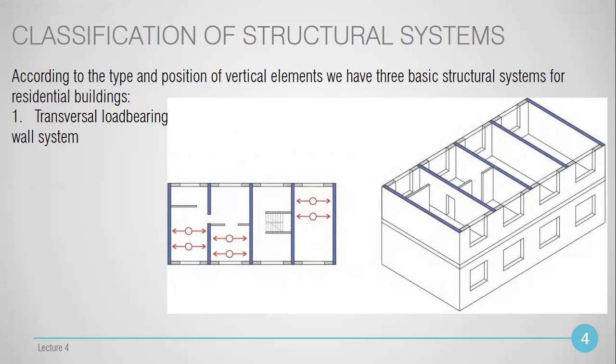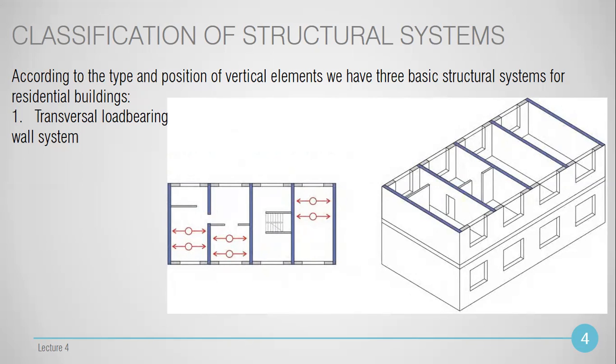So the first one is the system with transversal load-bearing walls. Transversal load-bearing walls is when the wall is located in the transversal direction, so in the cross-sectional direction. The constructive grid in this case varies.